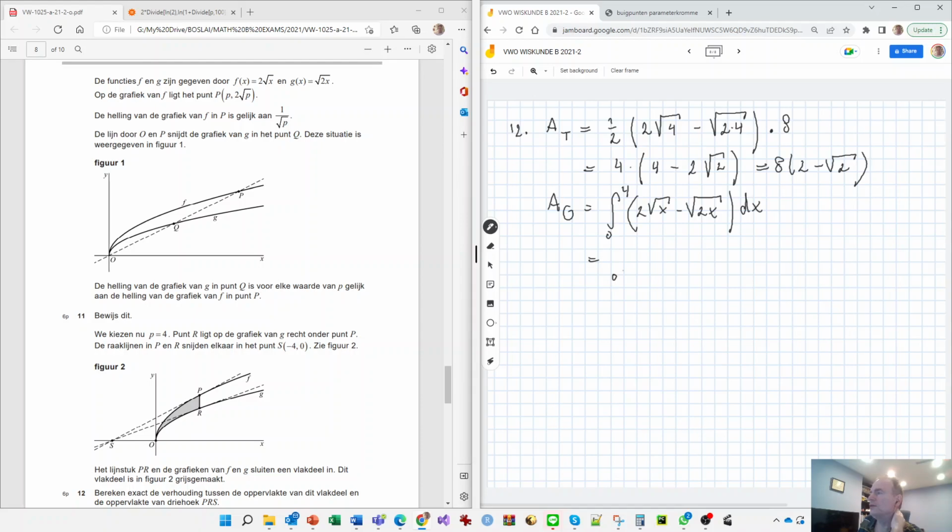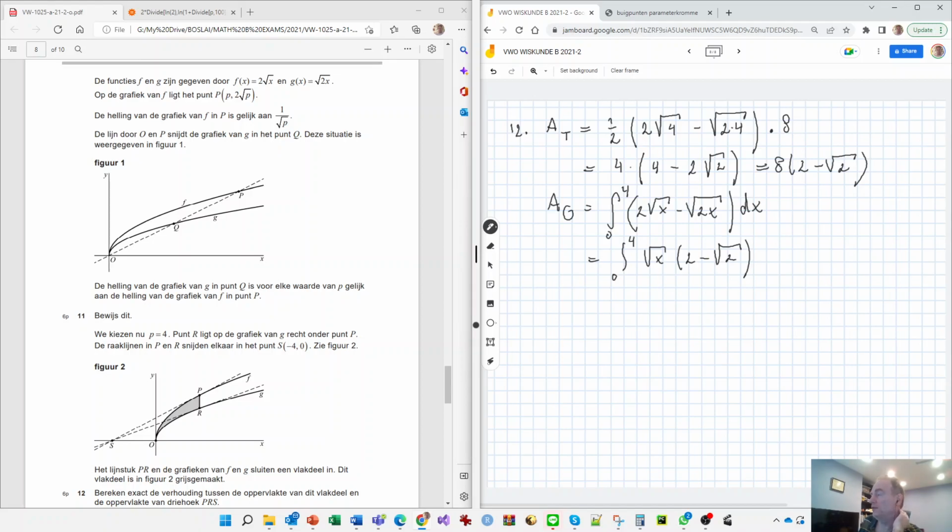You don't need to do it, but I think it will simplify some stuff. So square root of x times (2 minus square root of 2).